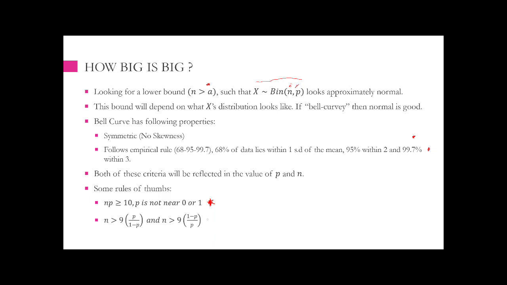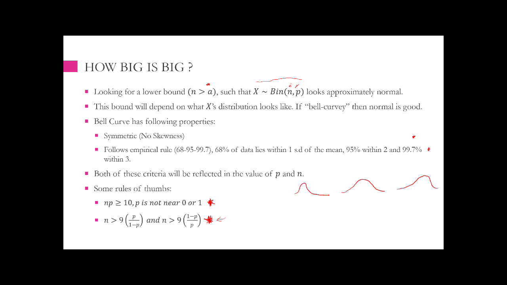And then this over here is another rule of thumb, and this is a much stronger criteria. This criteria has to do with p. Your p value will determine whether your binomial looks skewed, or whether it's very symmetrical.